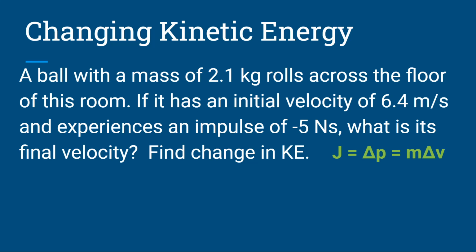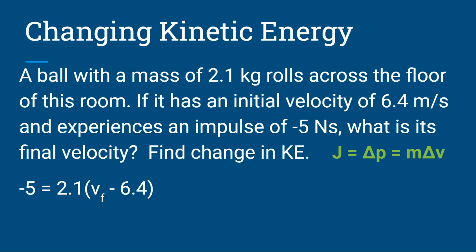So I'm going to set my impulse, -5, equal to my mass, 2.1, times my change in velocity. Again, change in velocity is VF minus VI. So I have VF minus 6.4 in this particular case. Okay, and now we can solve for that final velocity. And if we know how fast it's going at the end, we can figure out what its kinetic energy is.